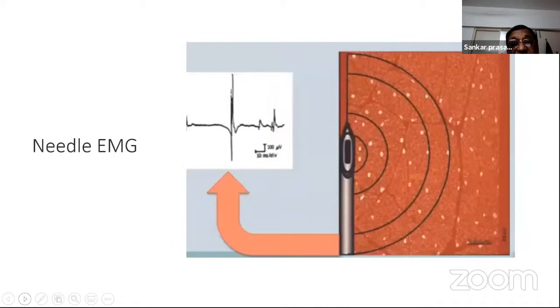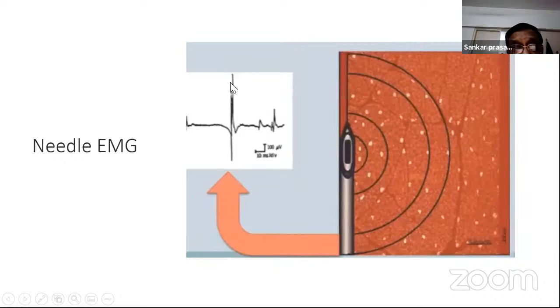So we'll try and understand what you are seeing here. These are all muscle fibers. You put in a needle, and this needle is measuring these 2 or 3 fibers and giving you this motor unit action potential.